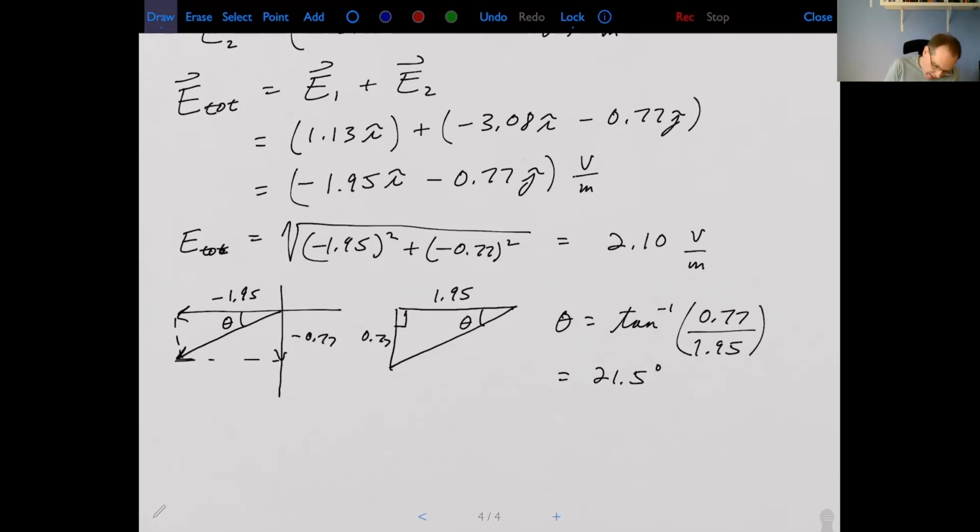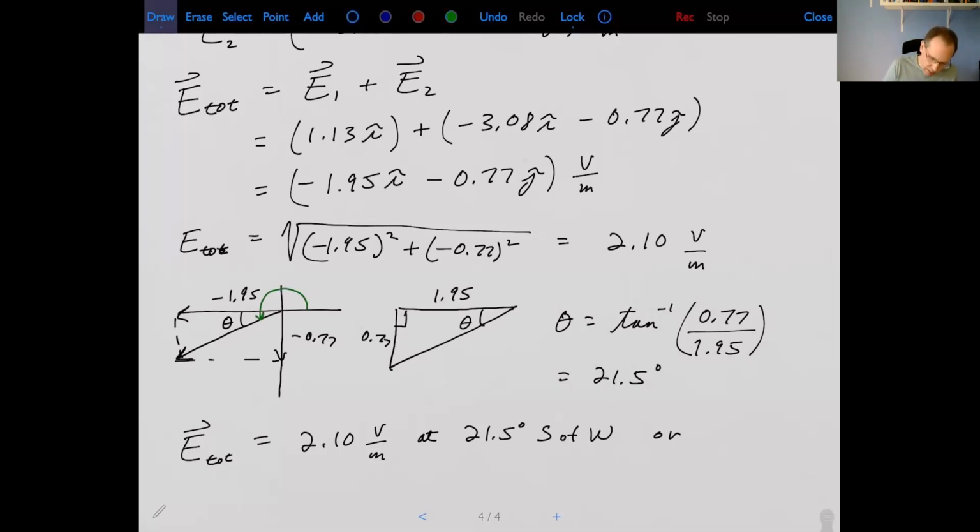Okay, so we could say that the total electric field at that location due to those two point charges is equal to 2.10 volts per meter at, and we could say 21.5 degrees, but then we have to give it a little more information to let people know that this vector is in the third quadrant. We could say 21.5 degrees south of west, so S of W. Or if you wanted to give just an angle by itself, you could give this angle, right, that goes from the positive x axis all the way to there, and then you just have to add 180, right?